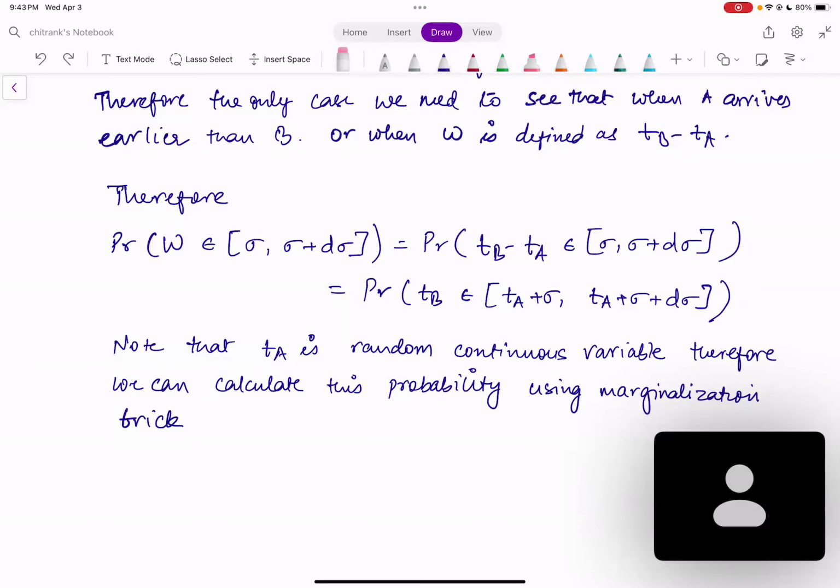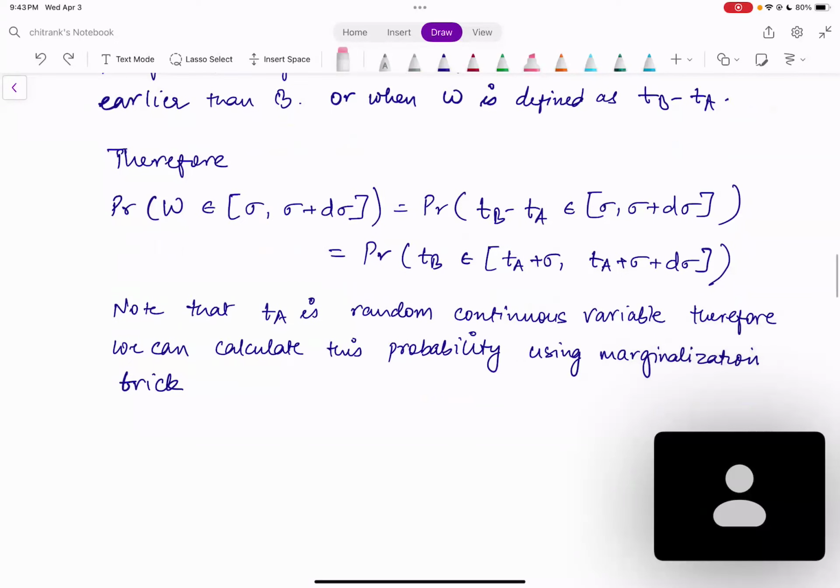I'm going to write this down in a second, but it is a very common trick and can be used in many general problems. So what is that trick? Remember, our goal here is to find this probability, and the problem is that we cannot simply evaluate it using the fact that TB is uniformly distributed.